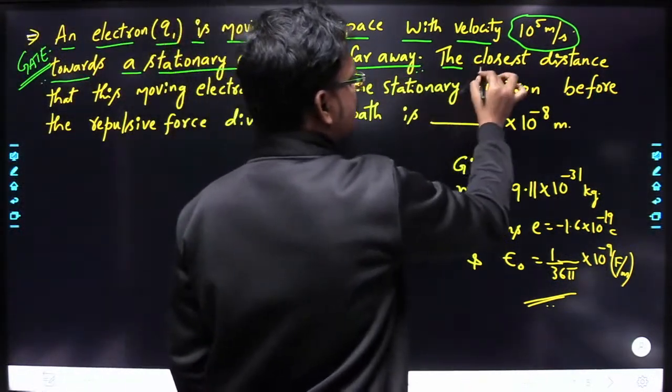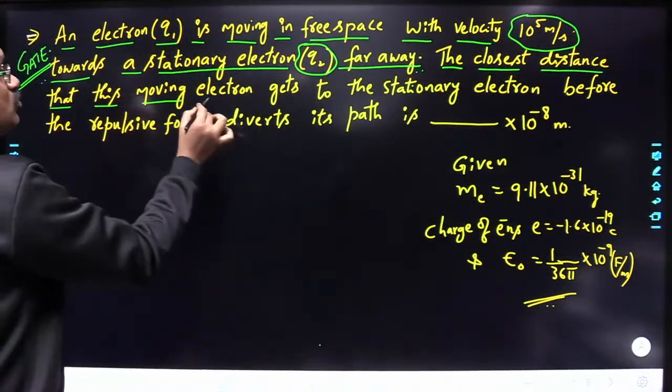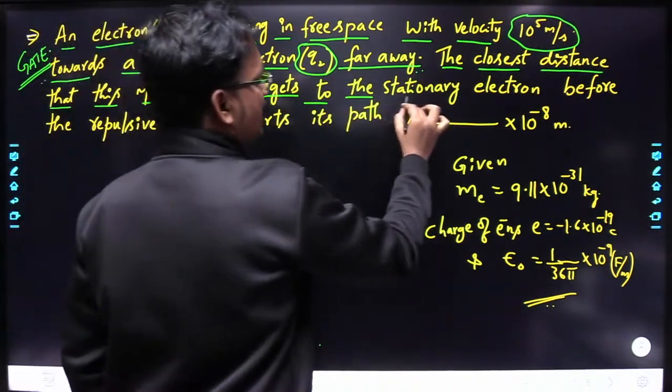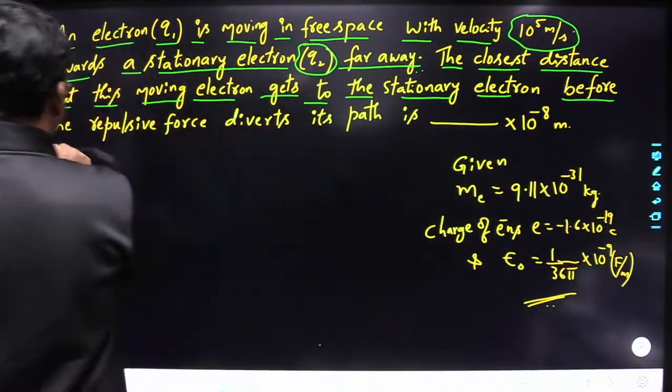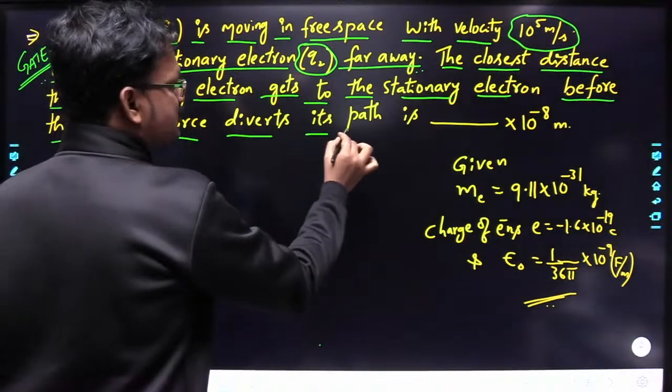The closest distance that this moving electron gets to the stationary electron before the repulsive force diverts its path is.